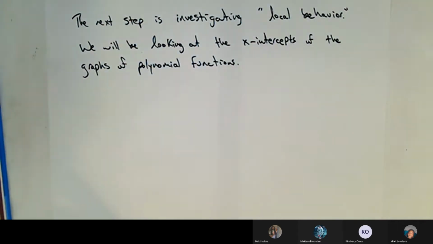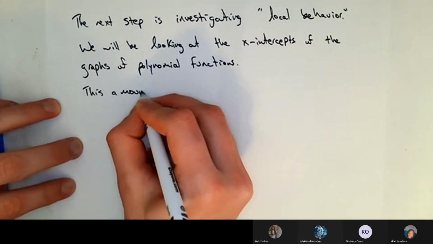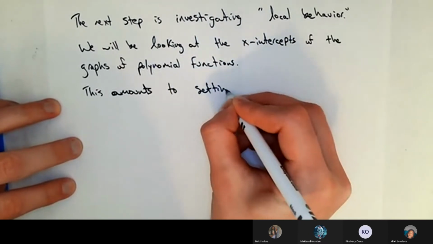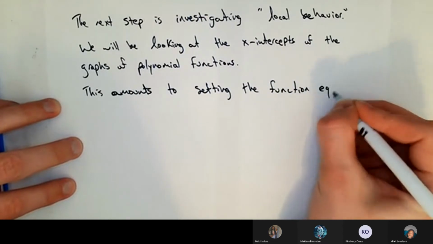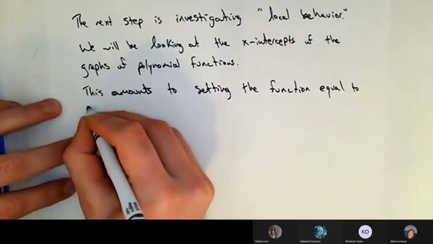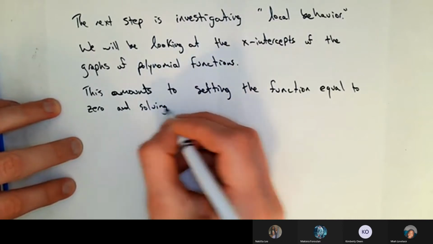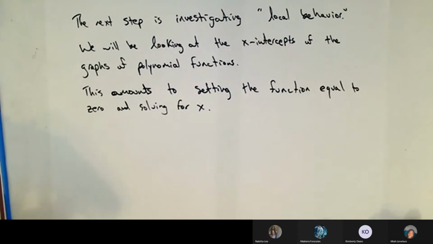So how do we find the x-intercepts of polynomial functions? This amounts to setting the function equal to 0 and solving for x. That sounds simple enough, but that is quite a loaded statement, right?